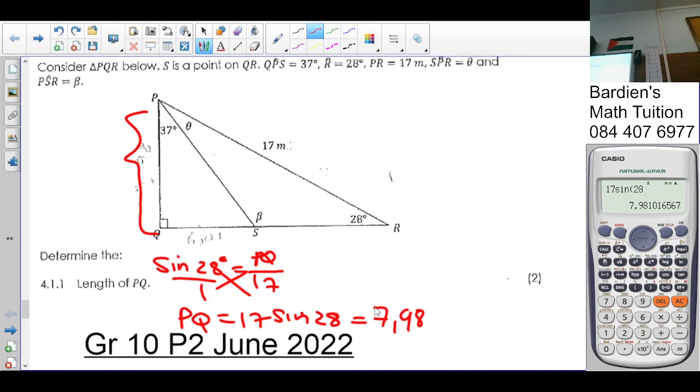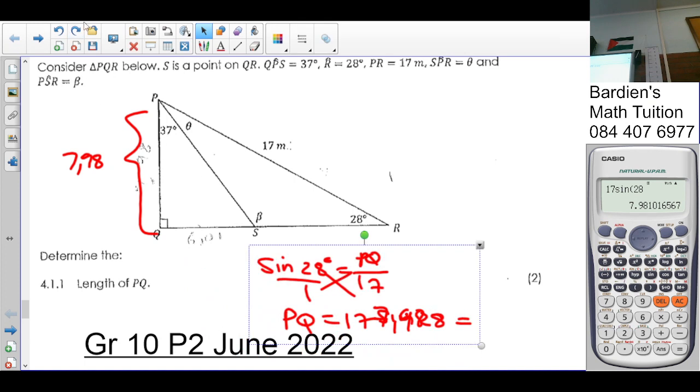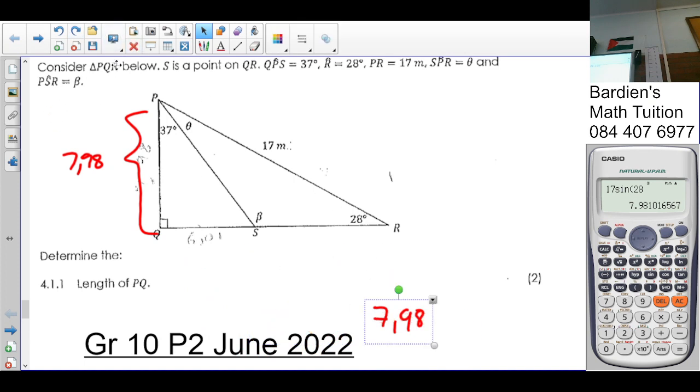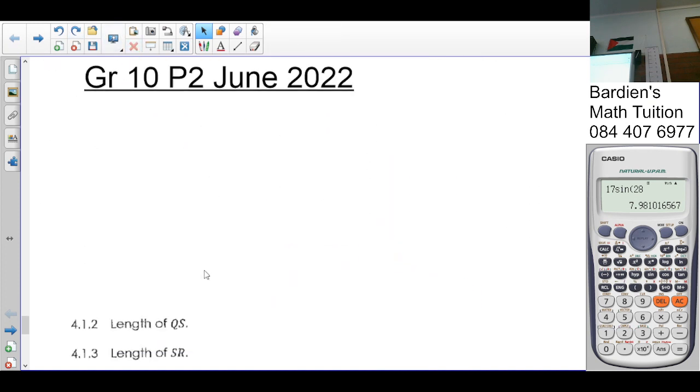That's why we had to work with 2 decimal places. In the previous question, when you had to work out the angle, they explicitly told you 1 decimal place. So I'm going to leave that there.